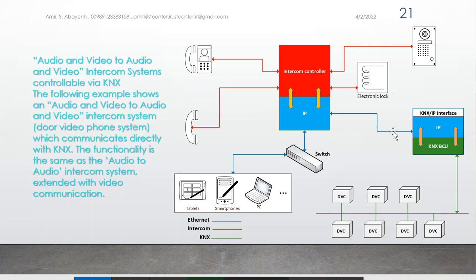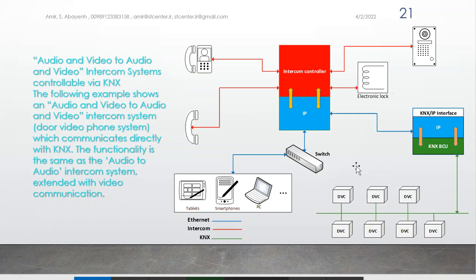So from here you can connect the IP interface, for example the KNX IP interface, to the switch and send or receive the data. Remember that we never transmit the video or sound on the KNX cable. We only transmit the command. Open the door, for example, it is possible.